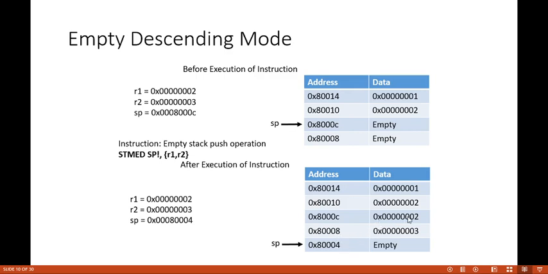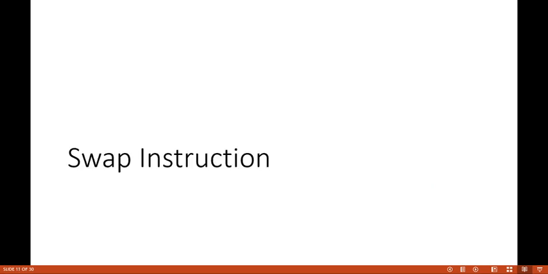So in the current location, it is storing the contents of R1, and in the next location, it is storing the contents of R2. Okay, so this is about the 4 addressing modes related to the stack operation. For push and pop, actually you are using load multiple and store multiple instructions, and there are 4 addressing modes: full ascending, full descending, empty ascending, empty descending. So the total 4 addressing modes are present there.